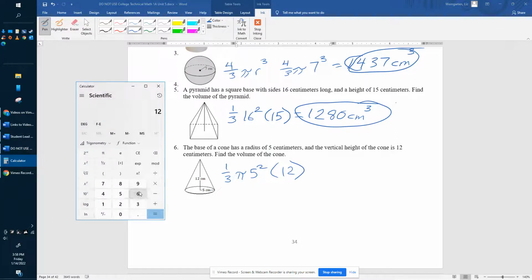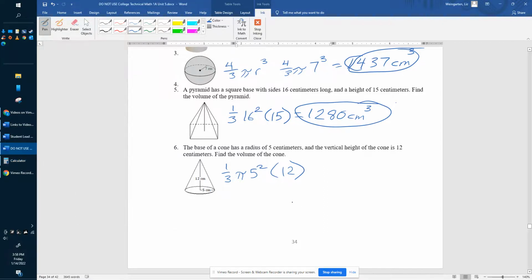So 12 times 25 times pi, divided by 3, is 314.15. We'll just go with 314 centimeters cubed.